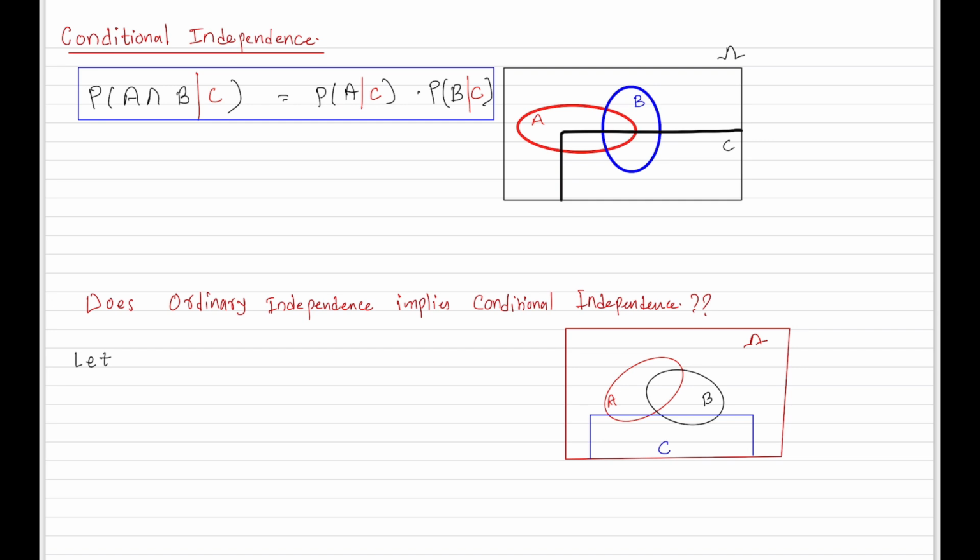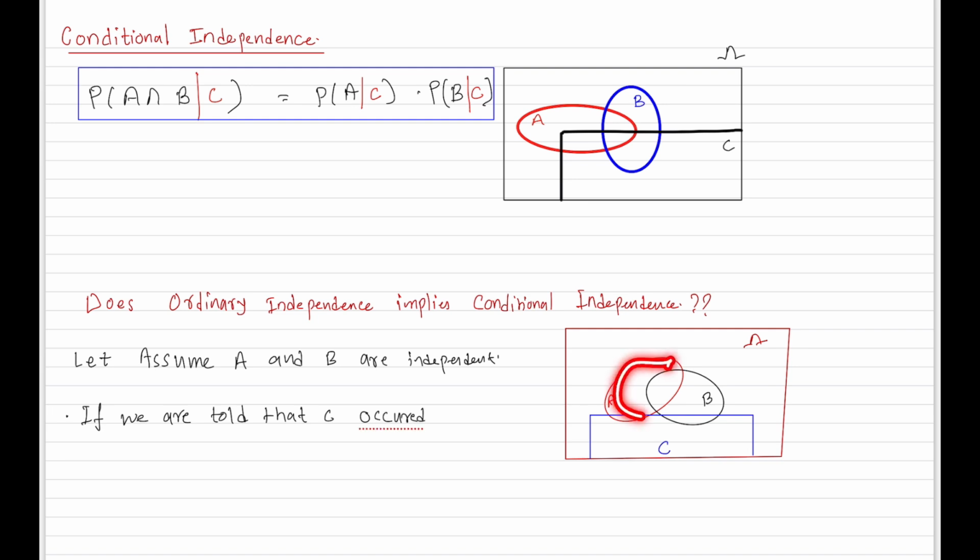So what we want to check is: let's assume A and B are independent, and if we are told that C occurred. This is event A, this is event B and this is event C.